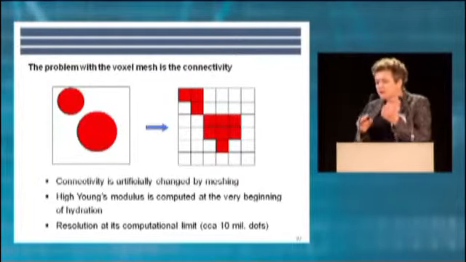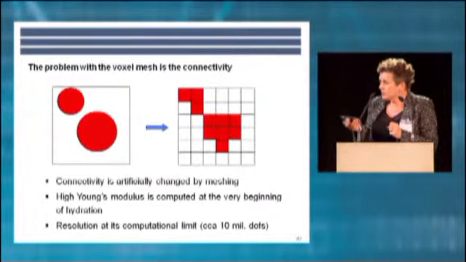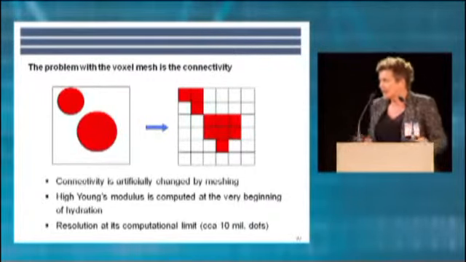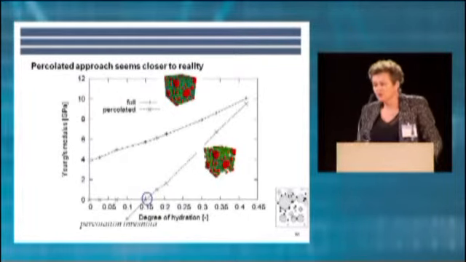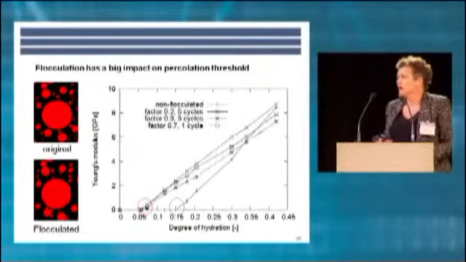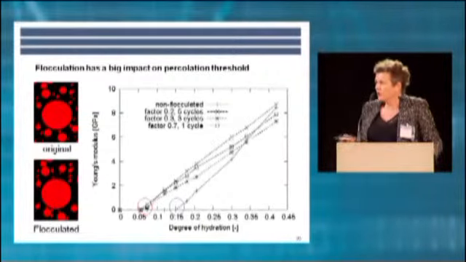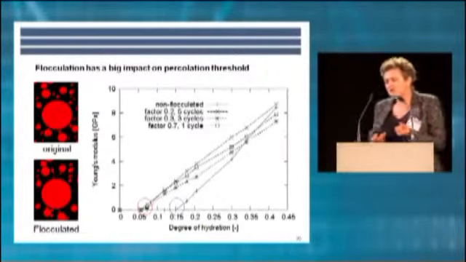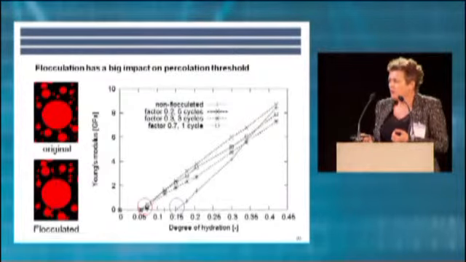It's a challenge because when we've got voids and when we put those into a mesh, we tend to connect things together again, which can give us completely the wrong results. But nevertheless, despite all of that, we are making progress, and we can see things, for example, that the level of flocculation, the level of agglomeration in the cement paste, which of course is affected by things like superplasticizers, can have a very important impact on when you start to see the strength developing.